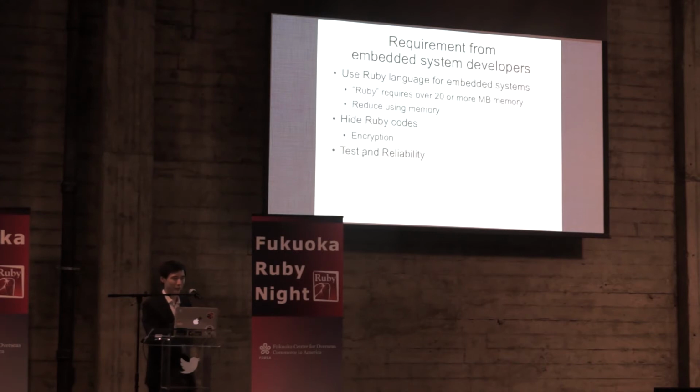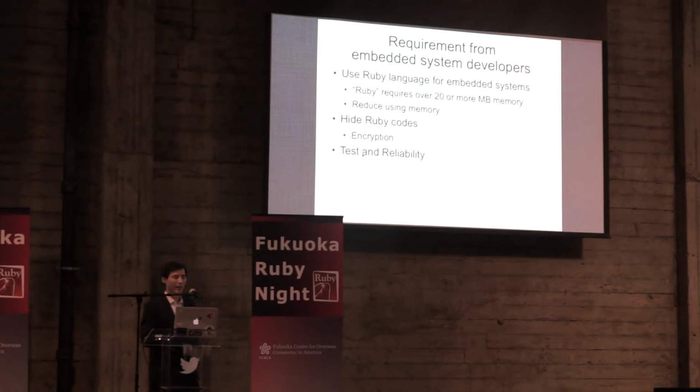That is very small for the Ruby language. And another point is hiding the Ruby code. Ruby is a scripting language, so Ruby code can be read easily. Scripting language is easy to read. So we can read the code.